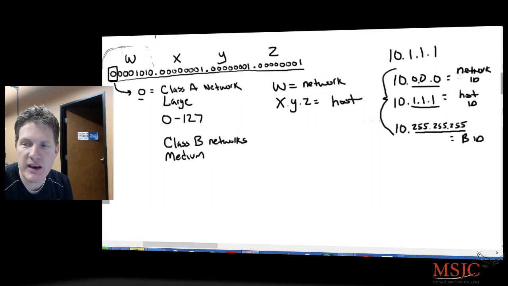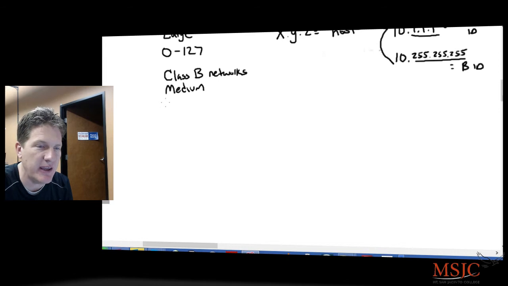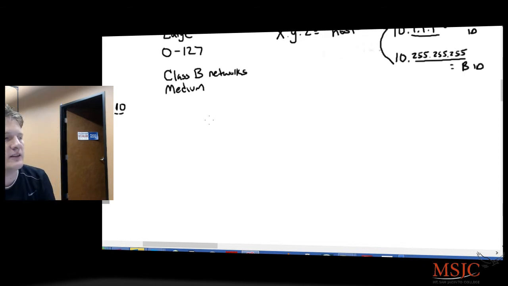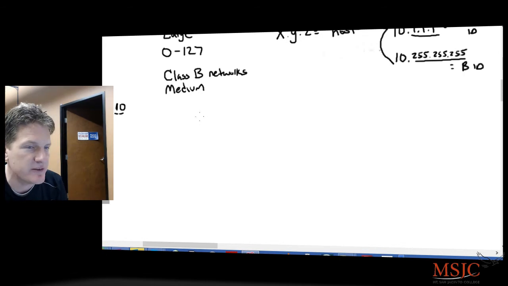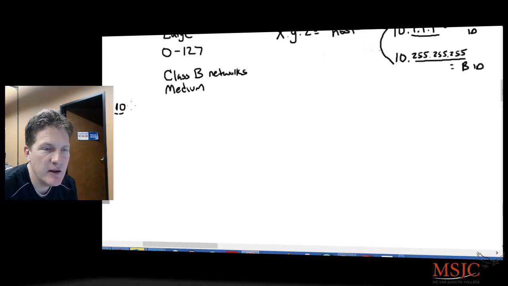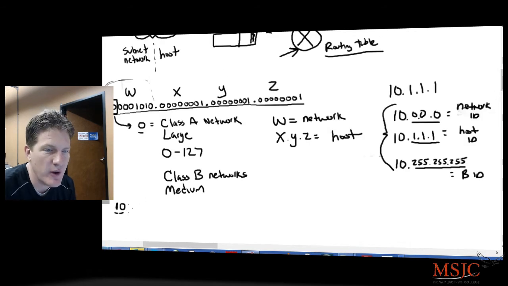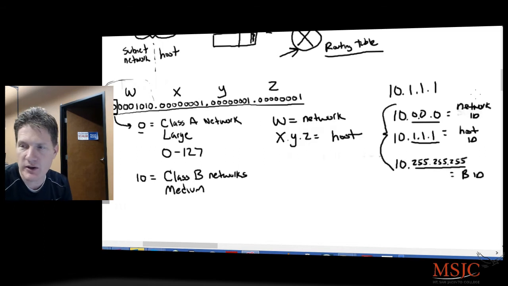So in a medium-sized network, or a Class B, the first two bits in the first octet were set to 1, 0. So if the first 2 bits were set to 10, this was considered the Class B network.